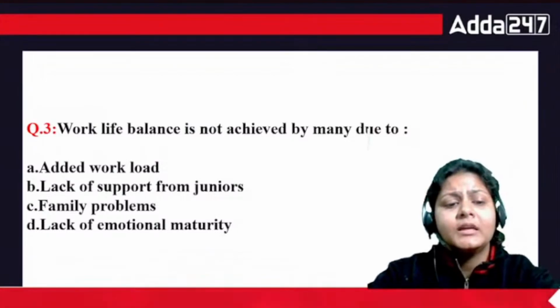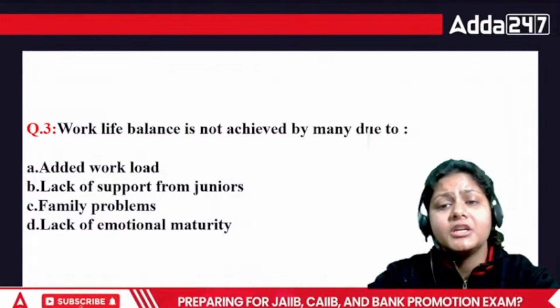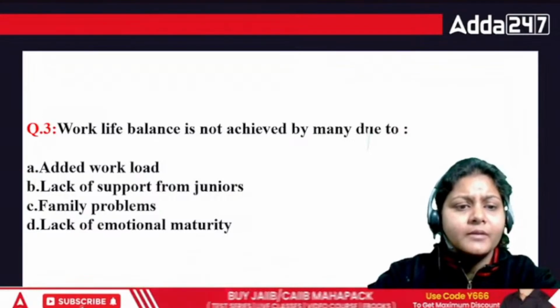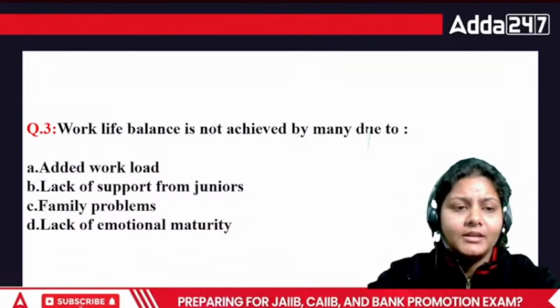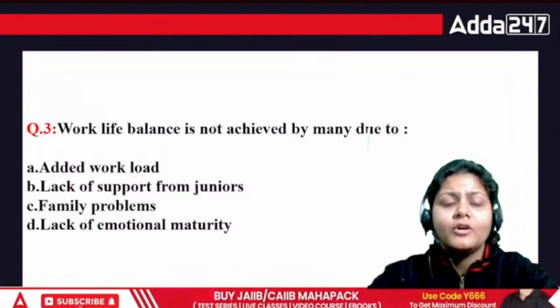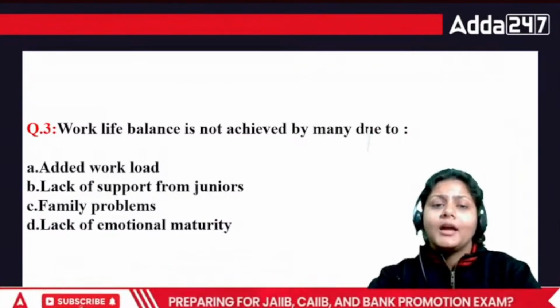The question is that work life balance is not achieved by many due to added workload, lack of support from junior, family problem, or lack of emotional maturity. The right answer here is D, lack of emotional maturity, because you are not able to maintain the work life balance.